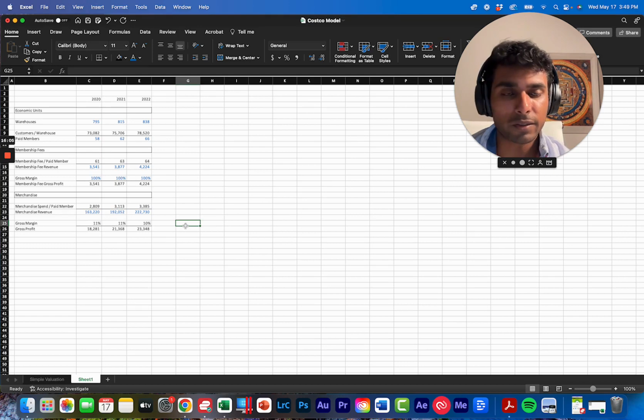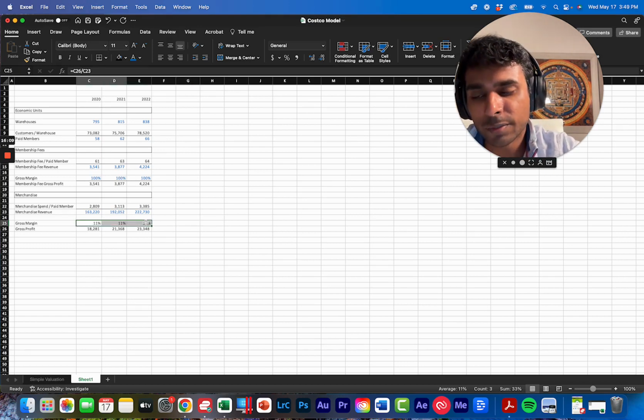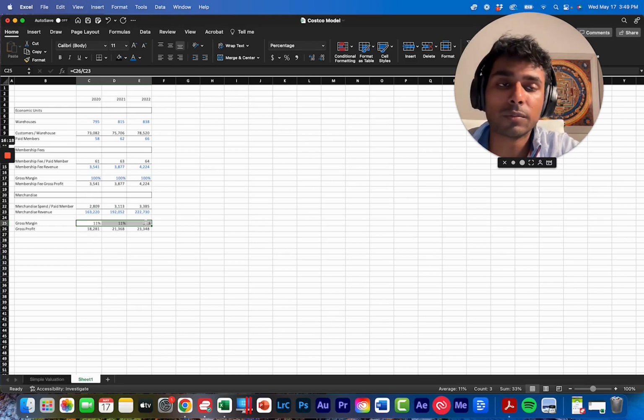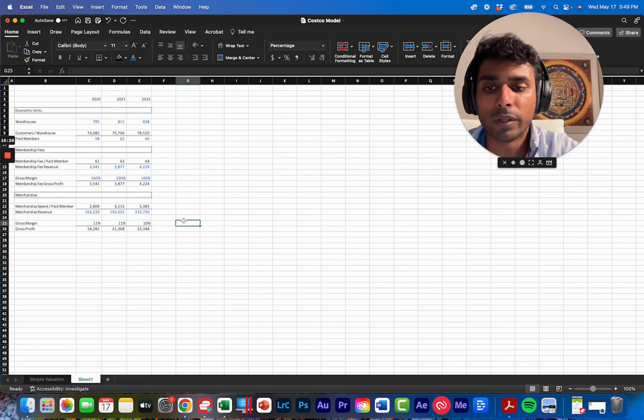Costco does a fixed markup. And the reason the gross margin changes is because the mix of different categories of stuff that people buy is changing. So I think gasoline comes in at a lower gross margin, and so that tends to decrease gross margins, but it increases spend. But that's a detail we don't need to get into.